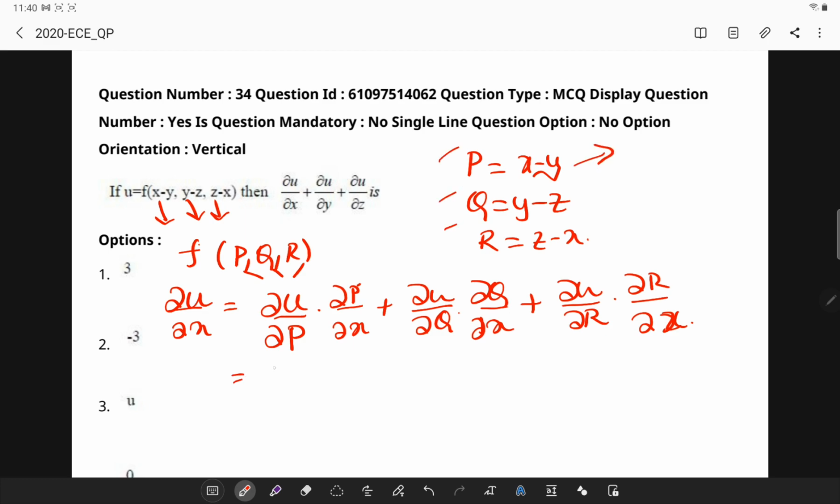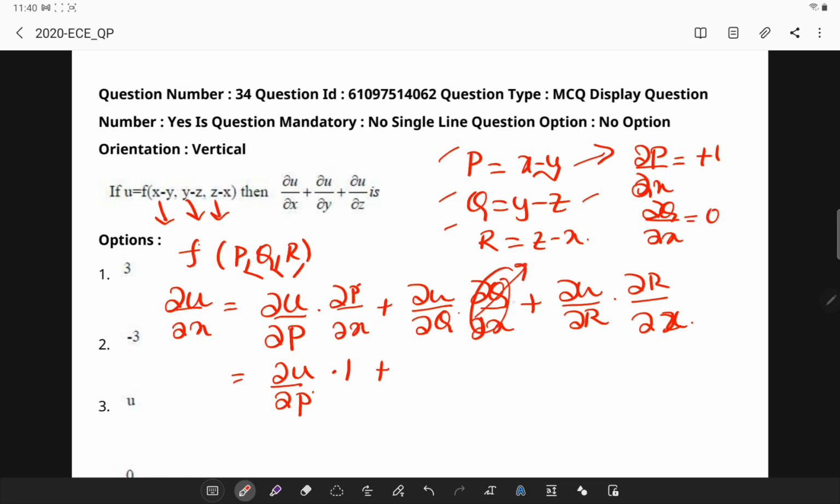Now if you do the derivative of this, I will be left with ∂u/∂p into ∂p/∂x, which is nothing but plus 1, so into 1, plus ∂u/∂q into ∂q/∂x, which is simply 0 because there is no x component, plus the last one, if I do a derivative with respect to x, I will have a minus 1, so ∂u/∂r into minus 1.